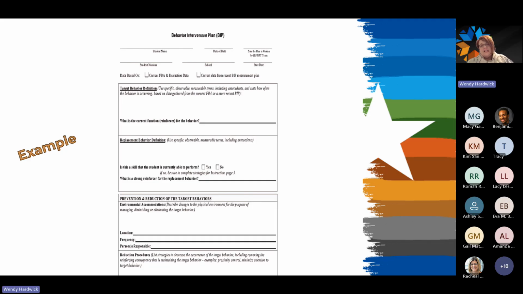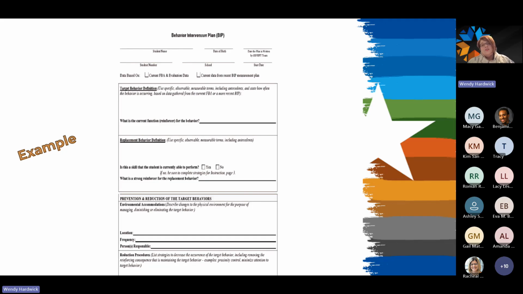Communication is going to be the key. Teachers should be involved in reviewing the data, discussing what's working, and offering feedback to refine the plan. BIPs are living documents, and they should evolve over time. Teachers need to be at the table when we're talking about the BIPs because you're going to be the ones implementing it.